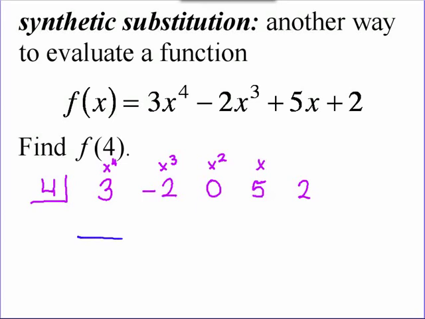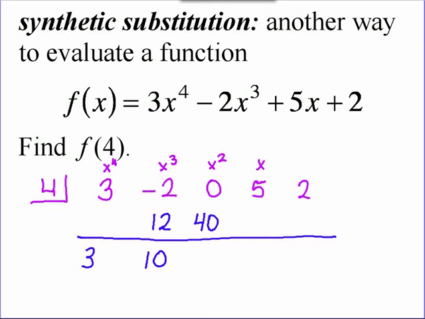Okay, so let's go through and do this. With the synthetic division, what was the very first step? Bring down the 3. Good. What do I do now? Times 4. Yep. So I get 12. Minus 2. Yep. 10. Times 4. Yep. 40. Times 4. Yep.